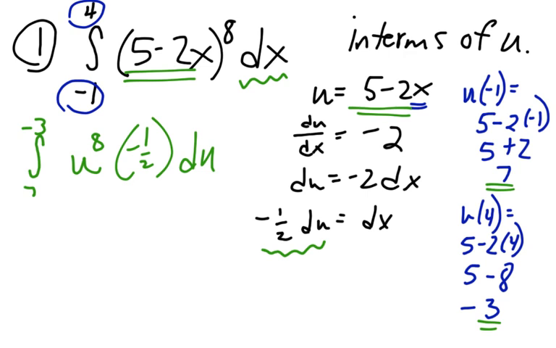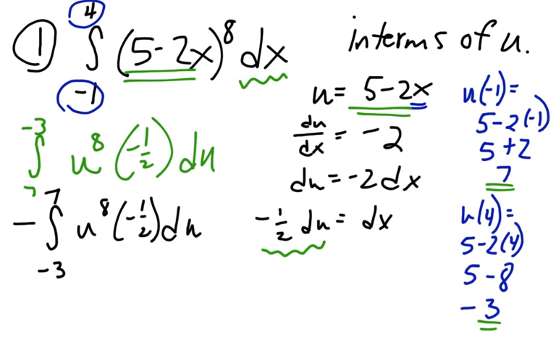Okay, now the only thing that's left to do is to clean this integral up. We do not leave the integral with the smaller number on top, so you're going to have to put a negative in front and reverse those limits. So -3 goes to the bottom, 7 goes onto the top. And then the only other thing to do is to take that -1/2 and pull it out in front of the whole integral.